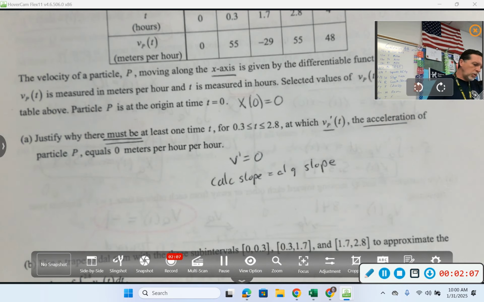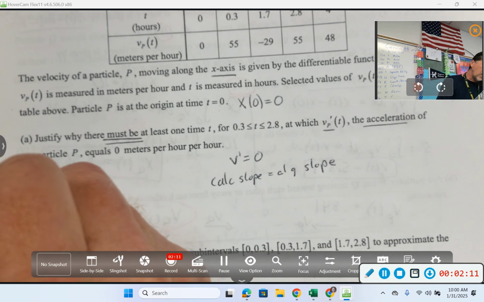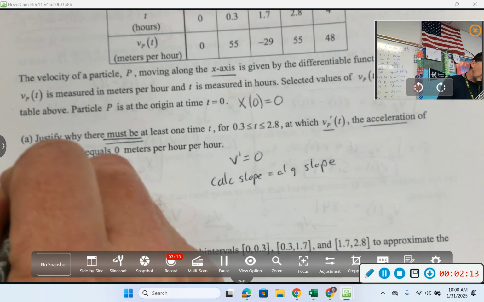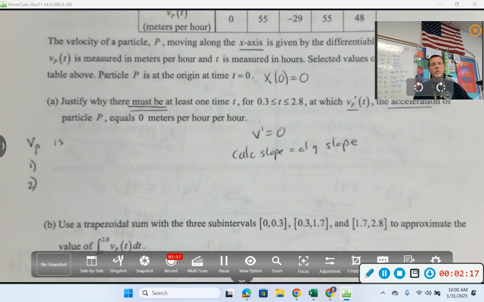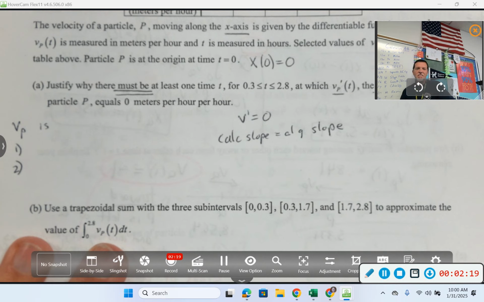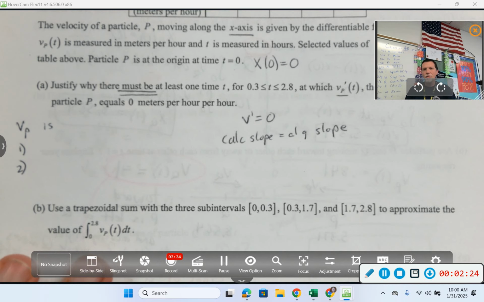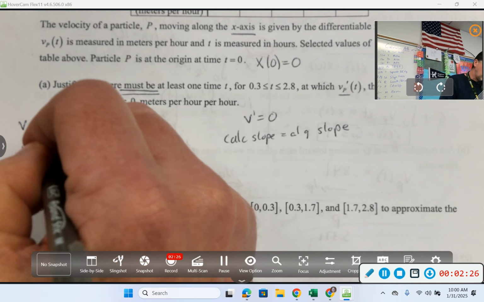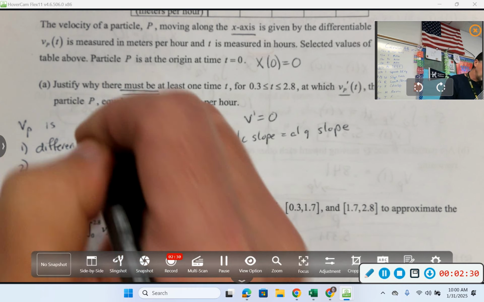But if we want to use MVT, we have to say two things about v in order to use MVT. What are the two conditions? Do you remember? Differentiable is one. How do we know it's differentiable?